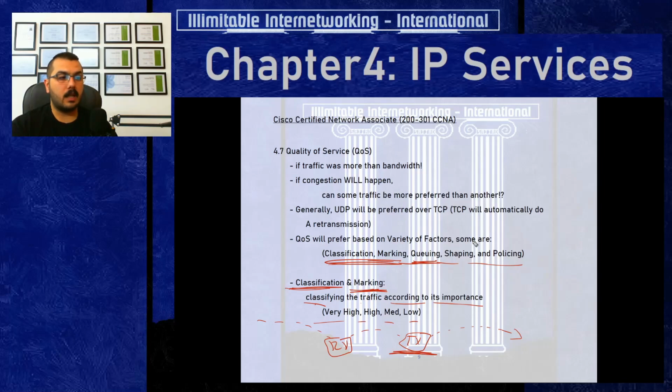But classification is that when this TX receives UDP from the RX and is now meant to resend UDP, it will stop UDP and say, wait a minute, you are UDP and you are classified as very high.